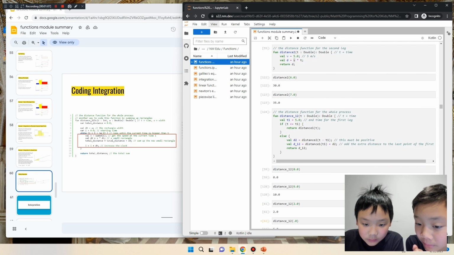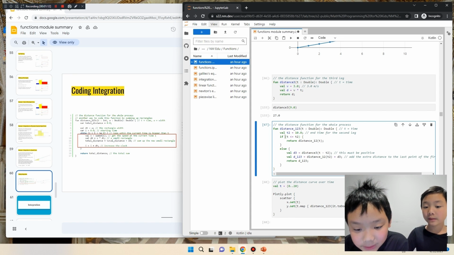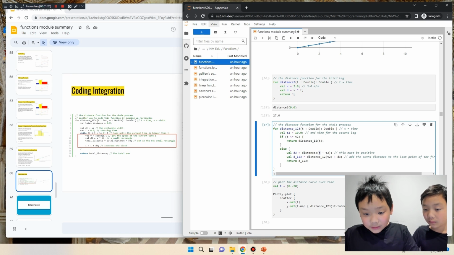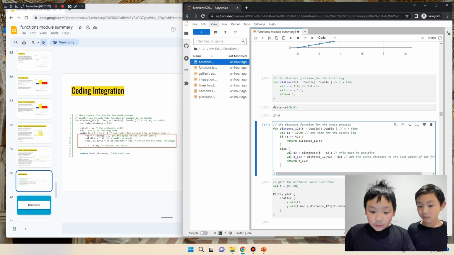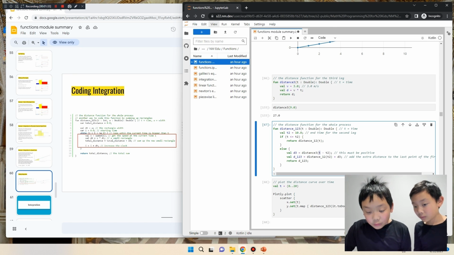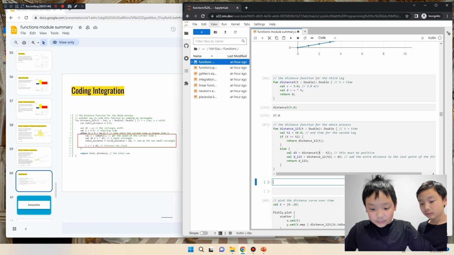But if t is bigger than 10, then we use the d3 function, which can be written as the distance 3 function of t minus t2, which is basically the length 3 function. So the value of d1, 2, 3 is equal to distance 1, 2 plus d3, and we return d1, 2, 3. We can see this function in action by plotting some points.